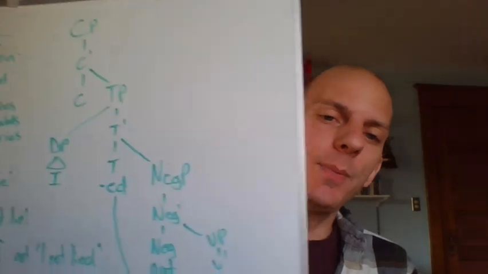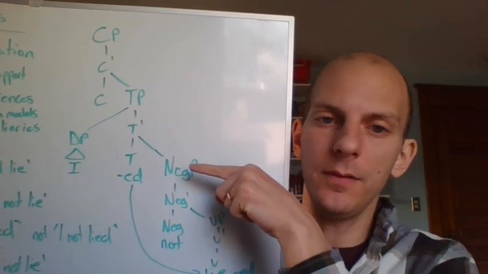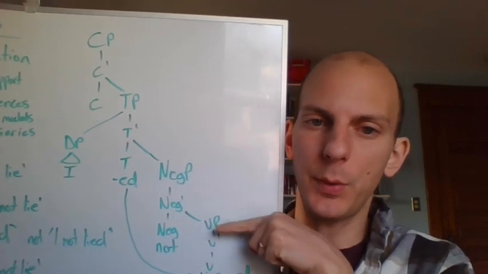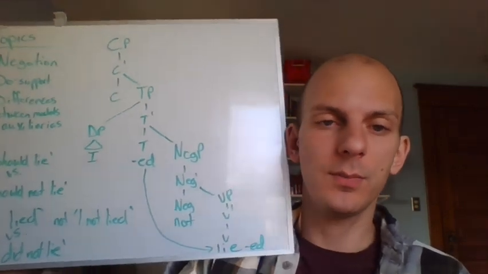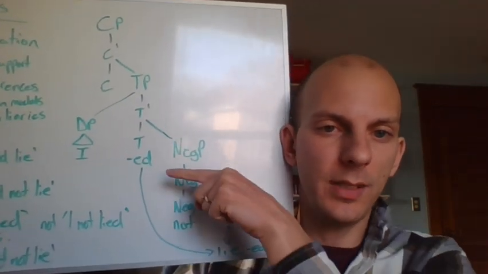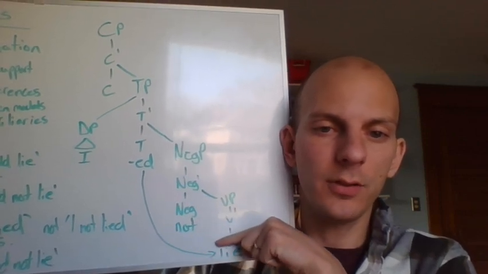Well, the nice part about this structure of negation with NegP, Neg bar, and Neg, that I led you to, is that we actually have a fairly ready-made solution to this problem. The problem is with our lowering operation.